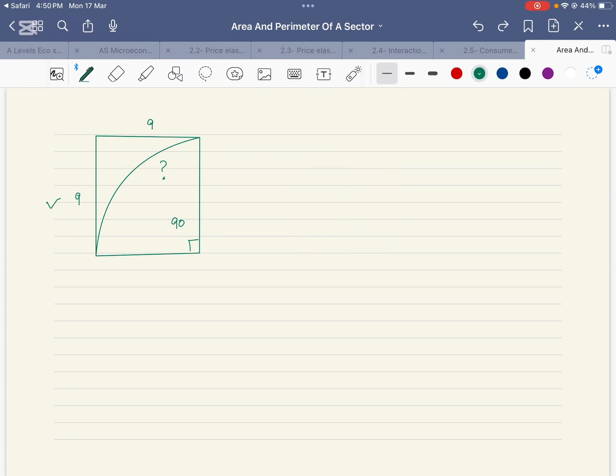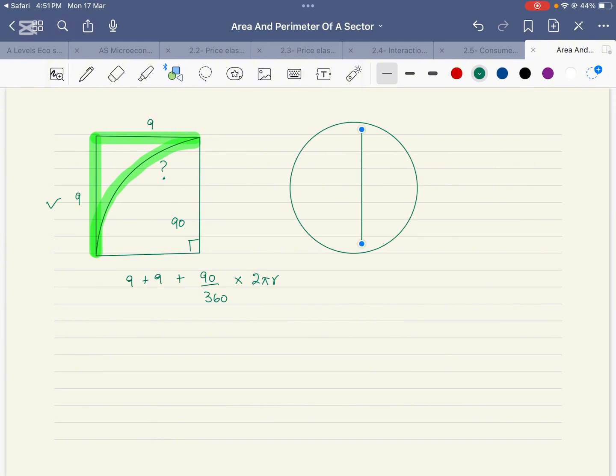So for the perimeter of this figure, we will add 9 plus 9 plus the arc length. So 9 plus 9 plus the arc length, theta upon 360 into 2 pi r. When we have a quadrant, then this line here is the radius.